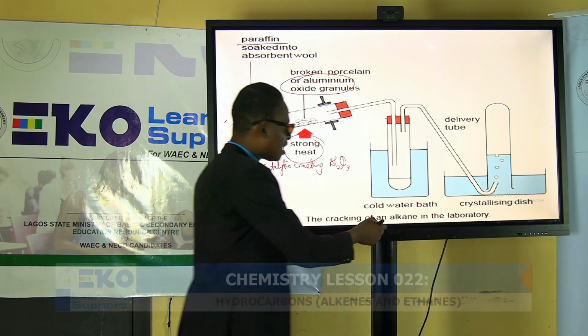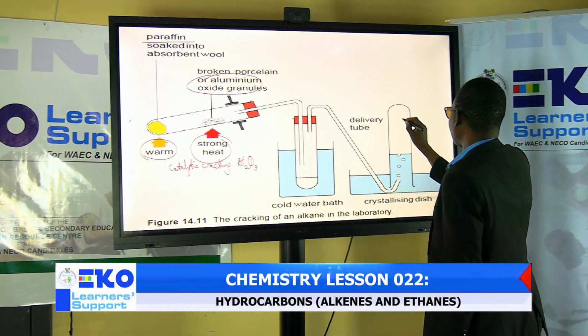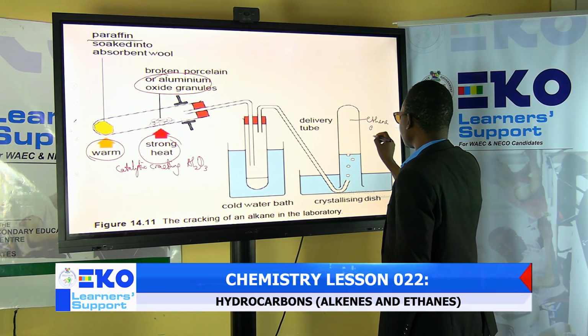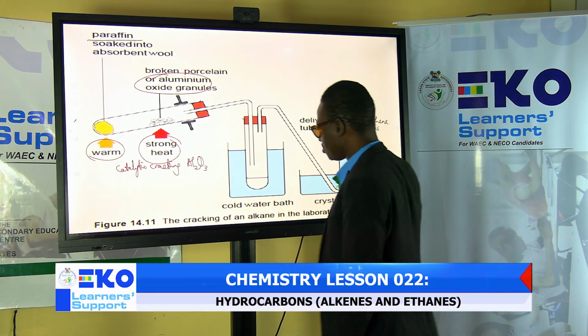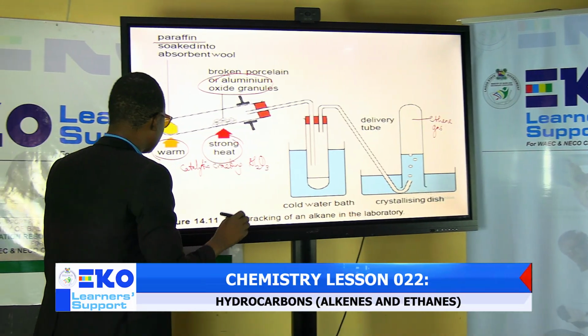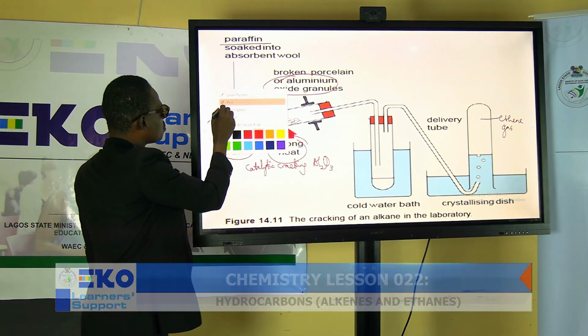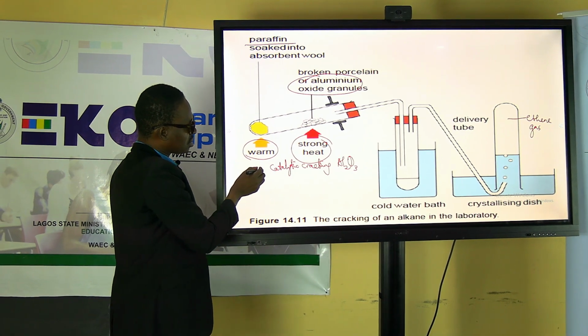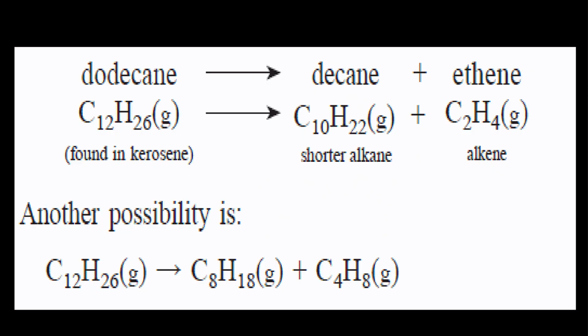When it happens, it goes down to the water and ethene gas is being produced. So please note that industrially we can produce ethene by what we call catalytic cracking. And this is actually what happens in the production.